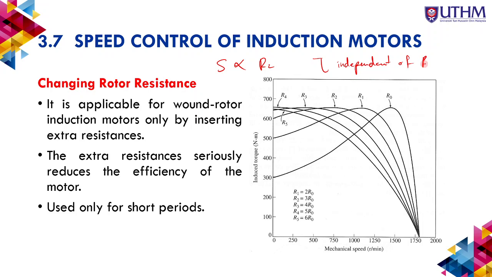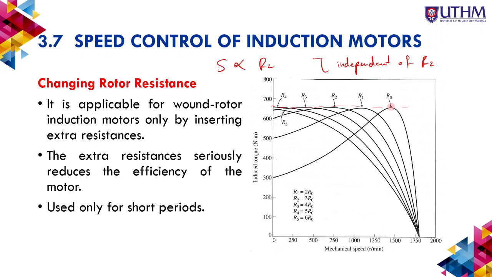of R2. So whatever value we change R2 to, the torque is still constant. The torque remains the same. So by changing R, the value of speed will change.